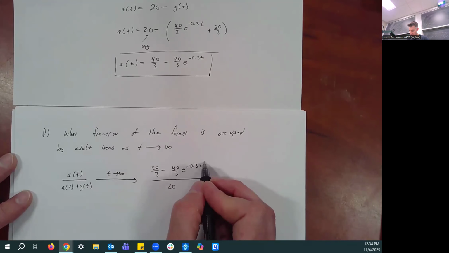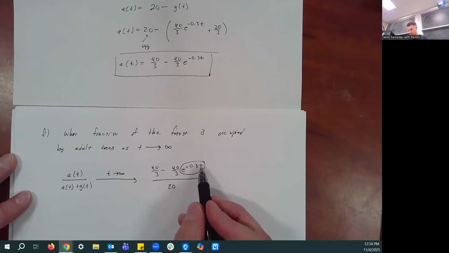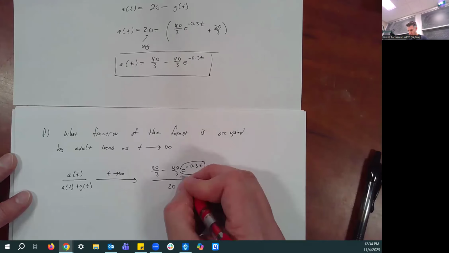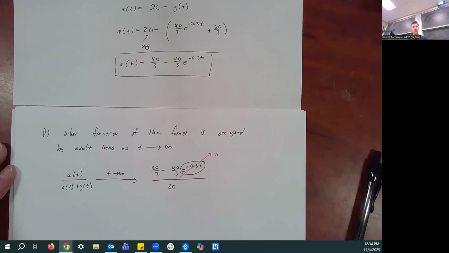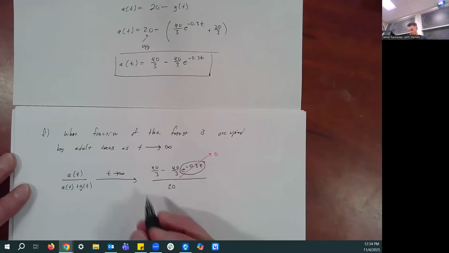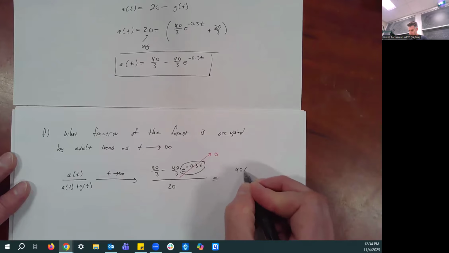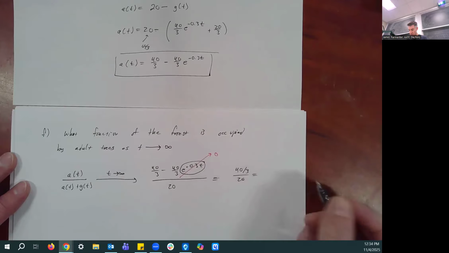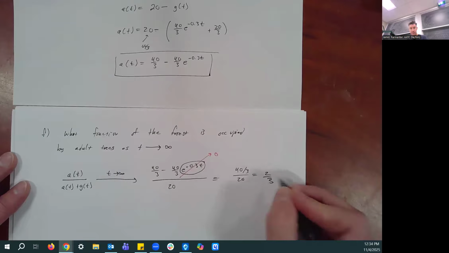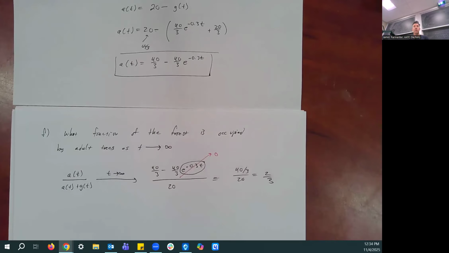And as time goes towards infinity, e to the negative something times time, that's going to get smaller and smaller and smaller. So as time goes on and on and on, we're getting 40 thirds divided by 20, which is 2 thirds. So the forest will be 2 thirds adult trees and 1 third gap.